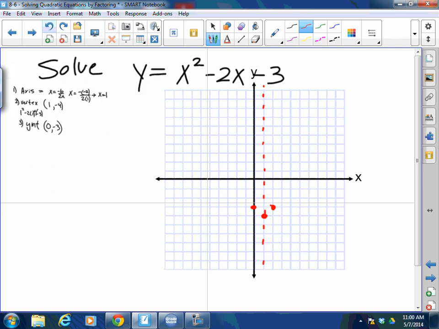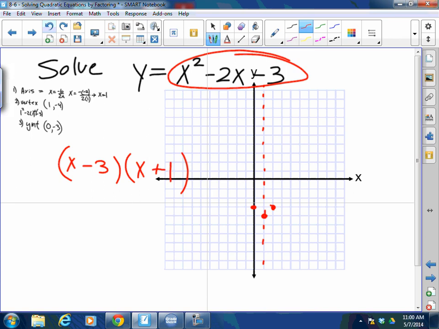If I go ahead and factor this: what times what is negative 3, but when added together is negative 2? It's negative 3 and positive 1. By a property called the zero product property, I'm going to teach you that in a second, you're going to find that x equals 3 and negative 1.